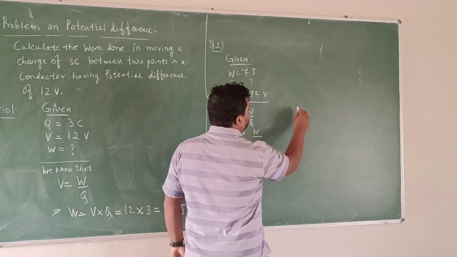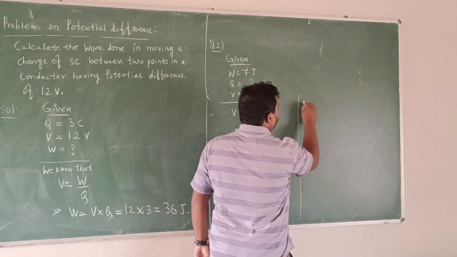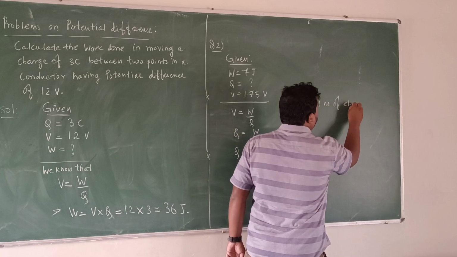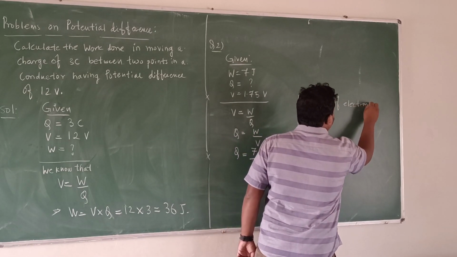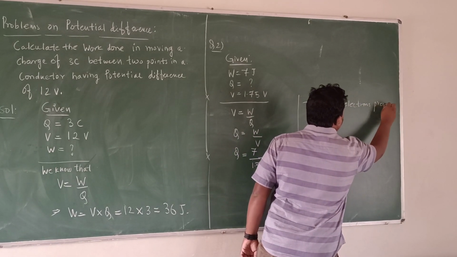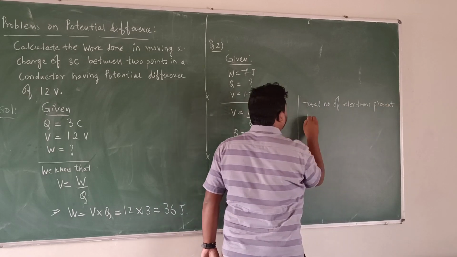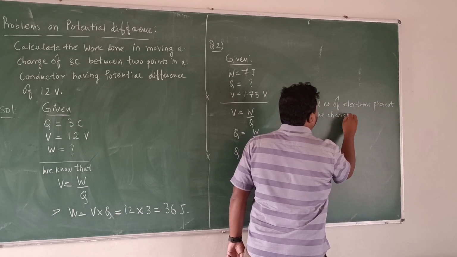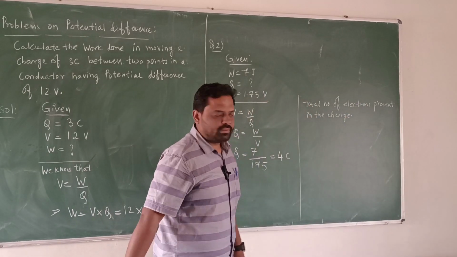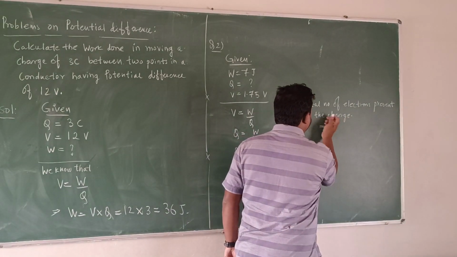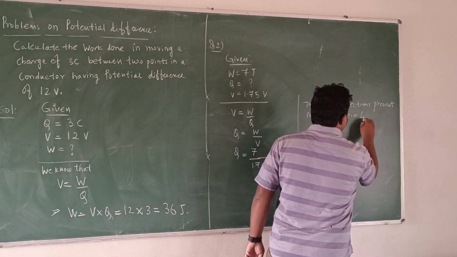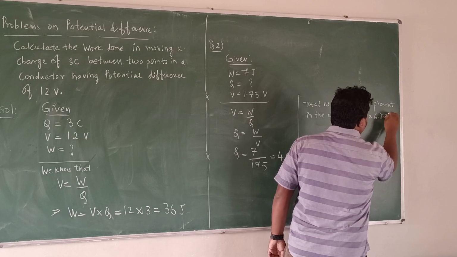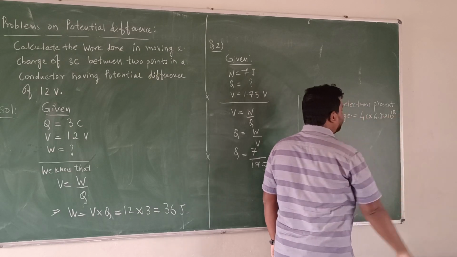So the total number of electrons present in the charge is equal to 4 coulombs multiplied by 6.25 into 10 to the power 18.